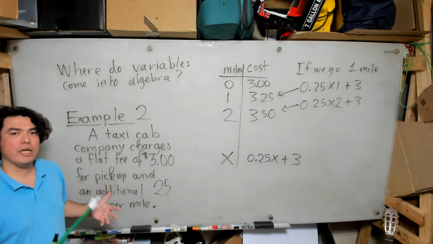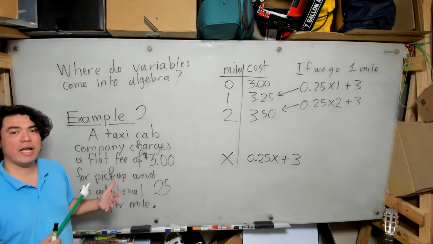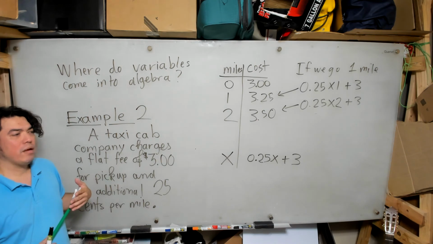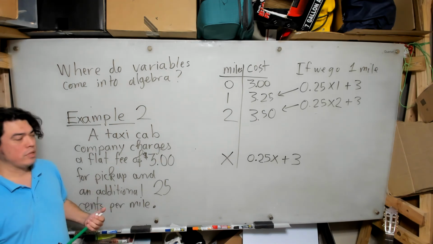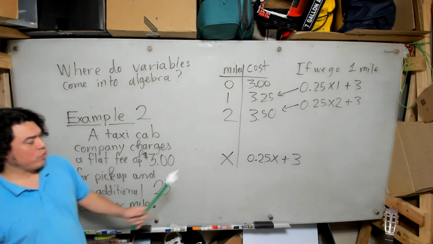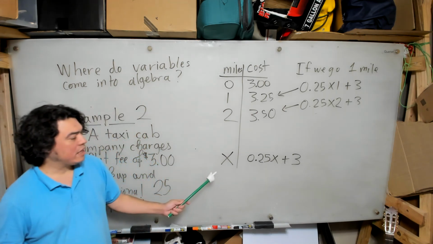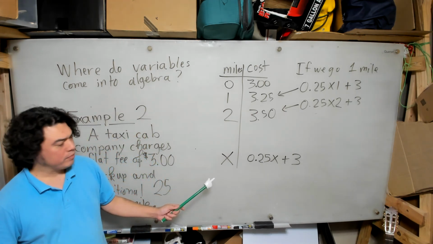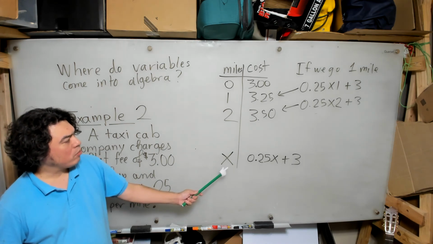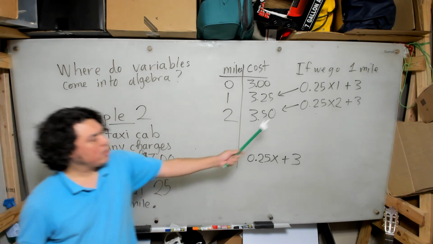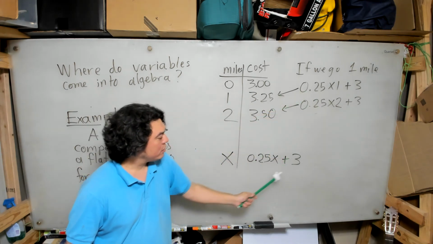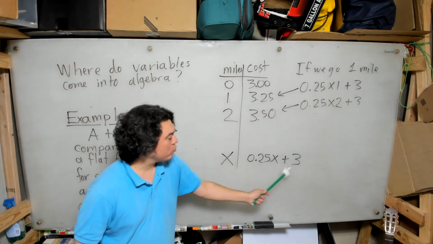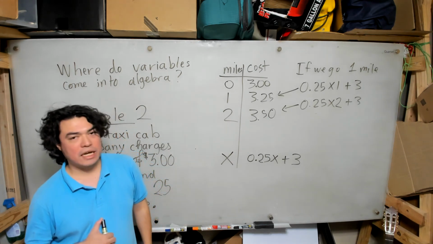But the question becomes, can I express in a precise way a situation where not all the parameters are known? And what I've shown here is that that's what the addition of variables permits. If I can assign a variable to represent the miles, then imitating the arithmetic calculation, I can express in an algebraic expression the exact cost.